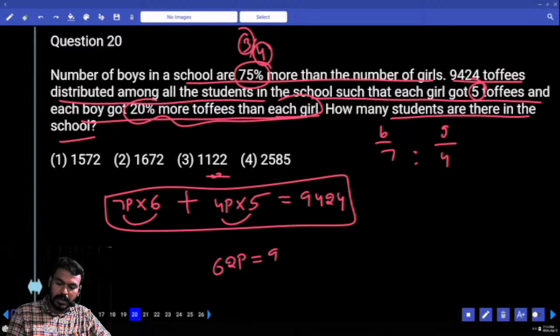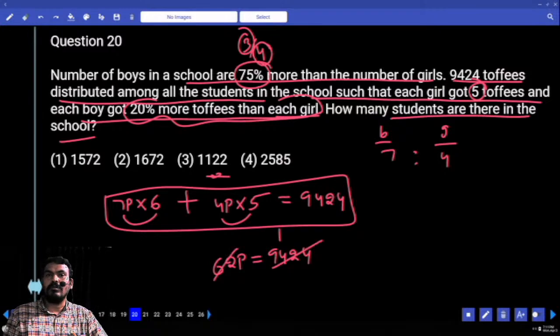That is equal to 9424. 62 ones are how much? 62. Remaining 32. 322. 322 means 62 5 times how much? 310. Remaining 12. 12 means 2 times, or not? What is the 1 part value? 152.